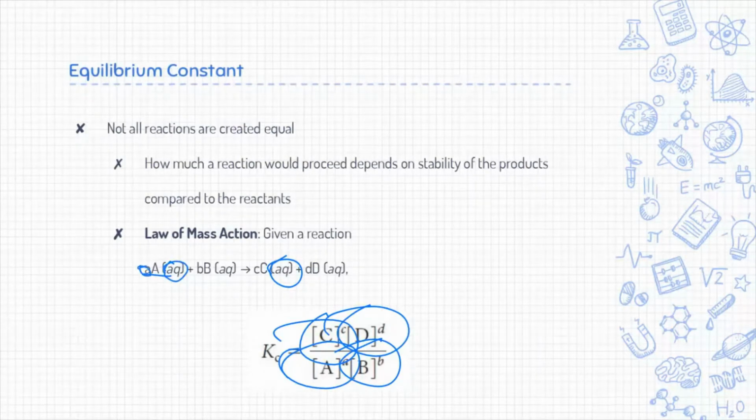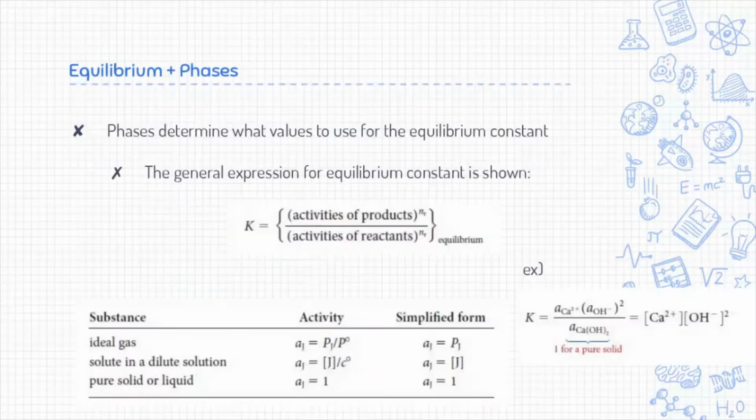So we use the concentration of A with the lowercase a as the power of the concentration. But when it's an ideal gas, we instead use partial pressures. And like I said earlier, for a dilute solution or an aqueous state, we use the concentration.